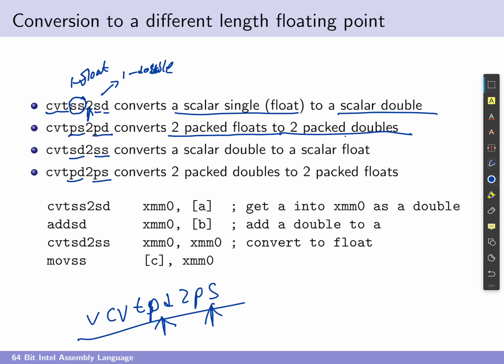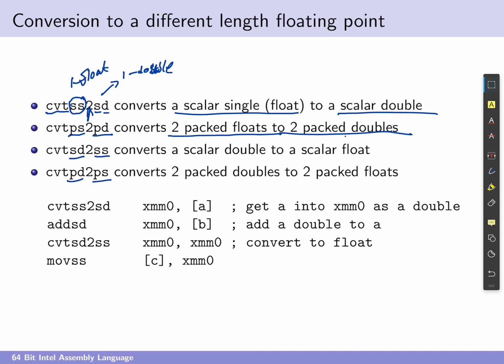We can see an illustration here at the bottom. I'm going to convert a scalar single at location A into a scalar double, and I'm going to store it in XMM0. So the bottom 64 bits of XMM0 are going to store the upscaled version of this 32-bit float that would have been at location A. Once it's done that, I can, for example, add XMM0 with B. Let's assume B was storing a 64-bit value.